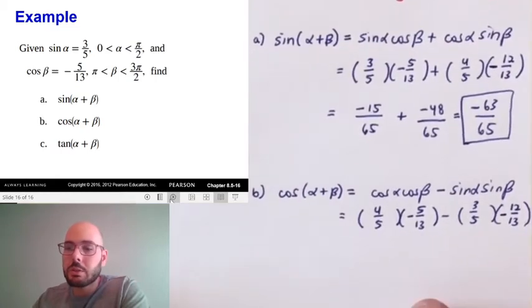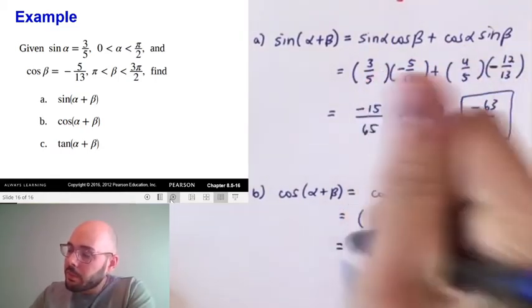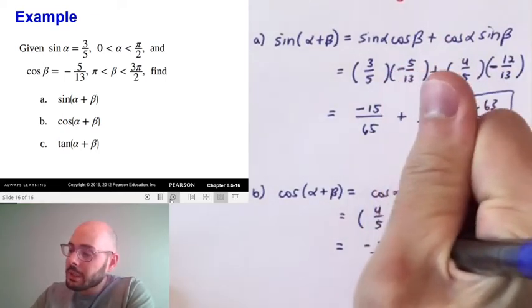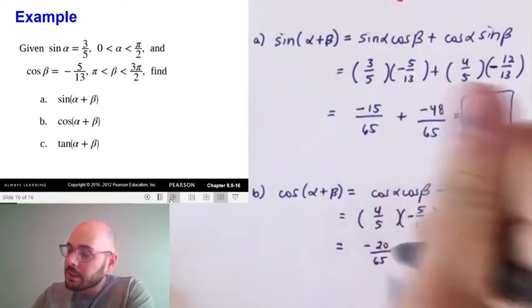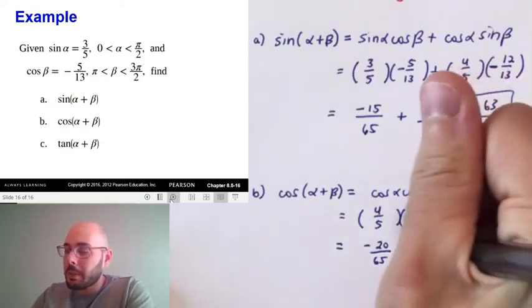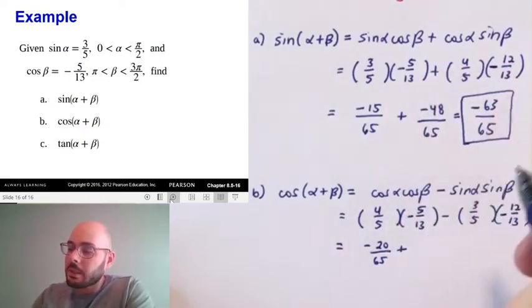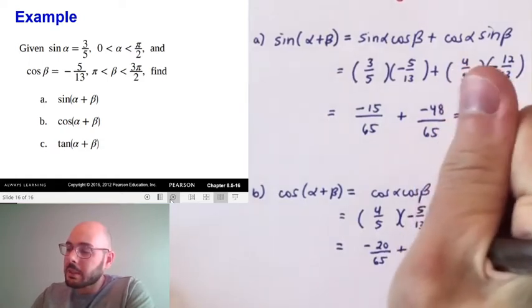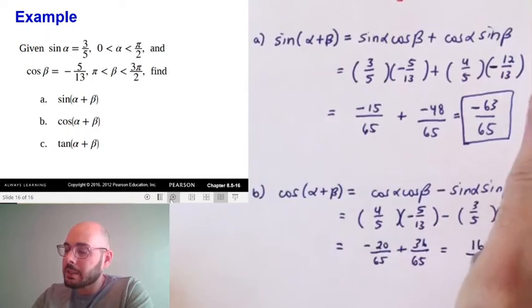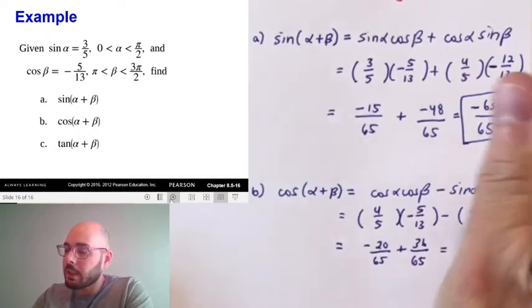We do need to do what we did before, multiply these, add them together, so we'll get negative 20 over 65, and this will end up being minus negative, so that'll become a plus sign. This is 36 over 65, so that becomes a positive 16 over 65.